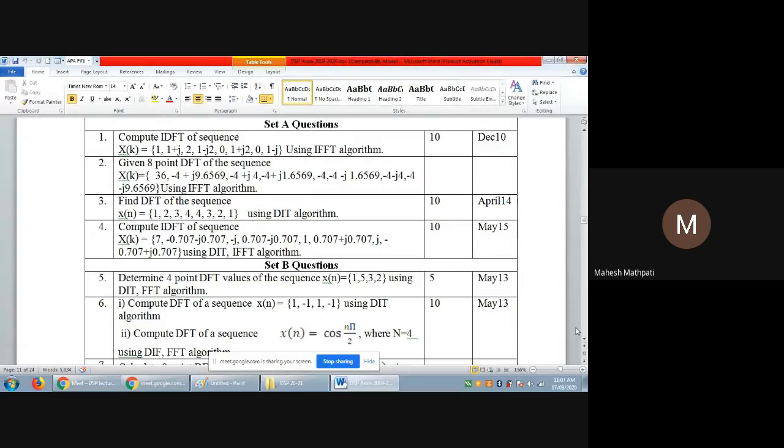Okay, so which one will we use here? Same, DIF. DIF we will use. But it is asked to calculate the IFFT, so what care do we have to take here when it is asked to find IFFT?